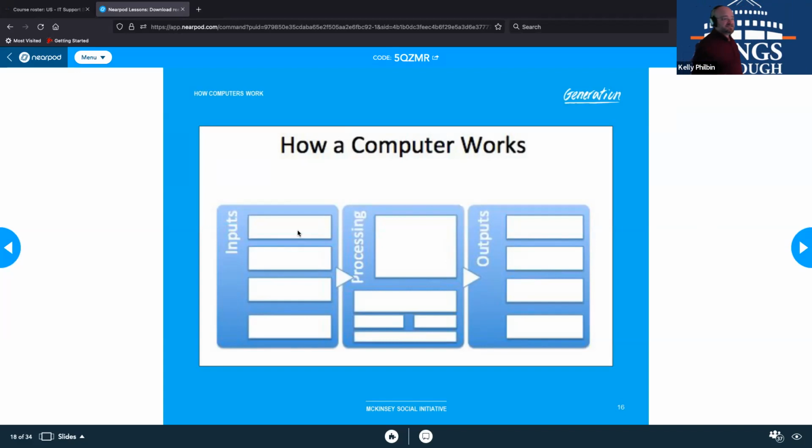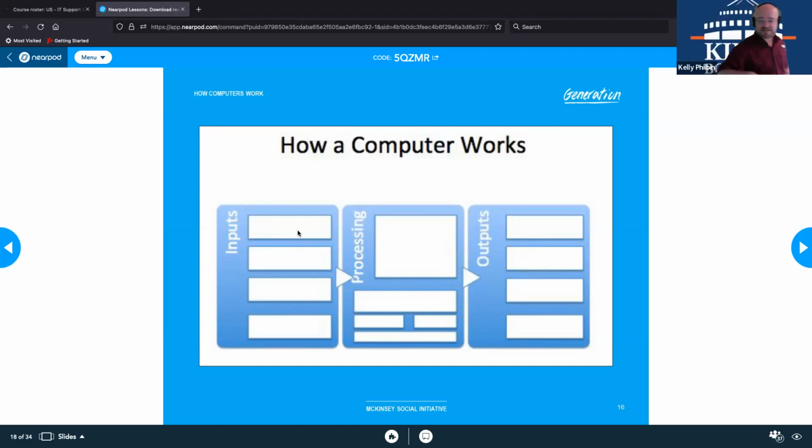All right. Outputs. Speaker. Those audio files out there. Monitor. Perfect. Printer. Excellent.